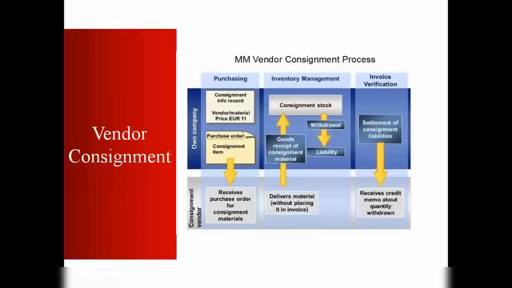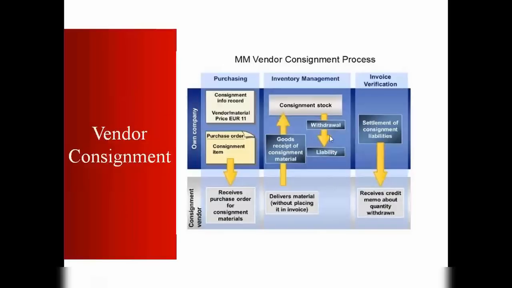Whenever we want to consume some item from that, we can create a purchase order for consignment, and that purchase order will be received by them, and as soon as we have created the purchase order, we'll consume those items.